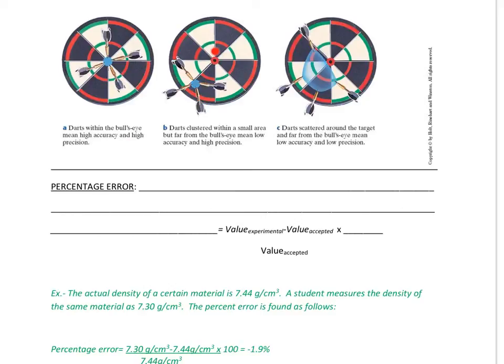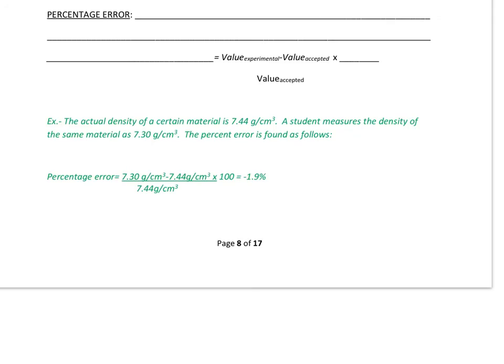However, they're off away from the bullseye. So what you have there is low accuracy and high precision. They're precise because they're still very close together in measurement. And then here you've got them all over the board and they're not in the bullseye. So you have low accuracy and low precision.